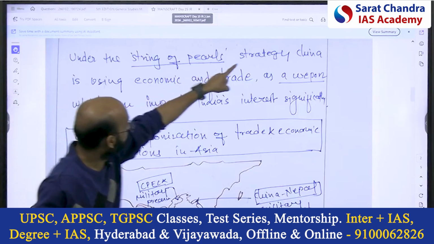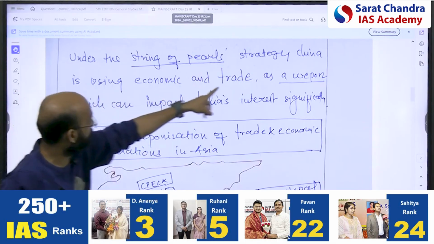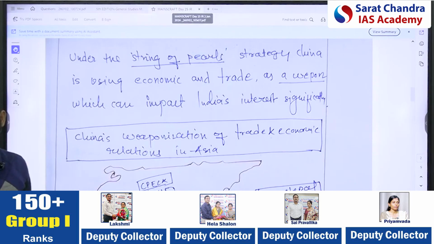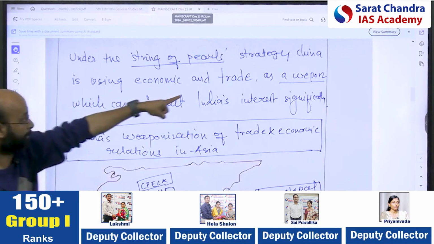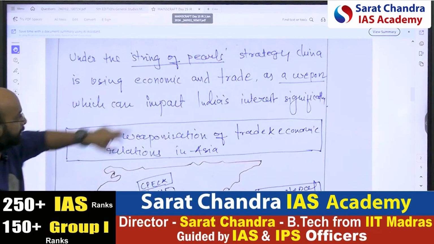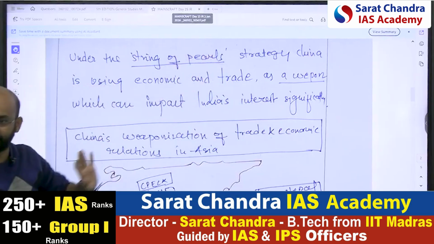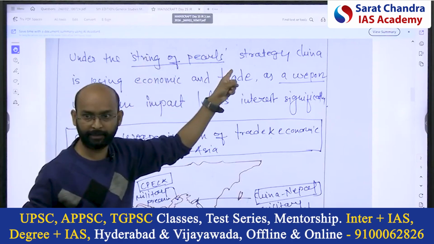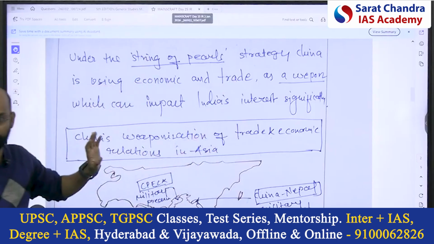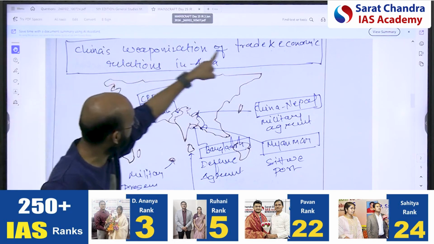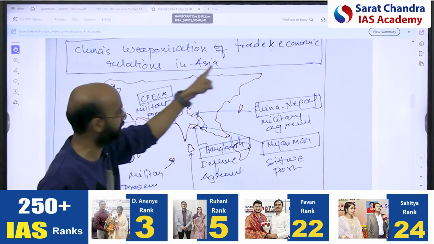Here China is using economic and trade as a weapon, which is called the weaponization of trade and economic power. That's the key word, weaponization of trade and economic power, which can impact India's interest significantly. So it is addressing the policy I gave and using the keyword. Clear?